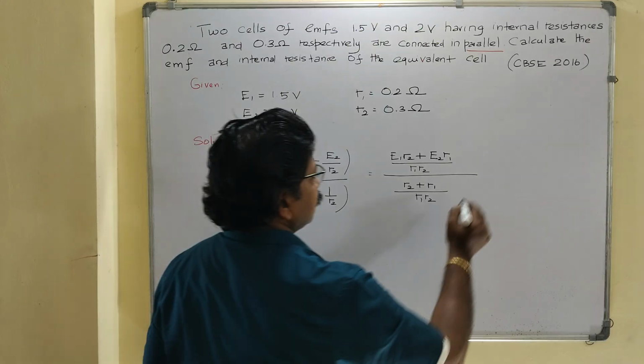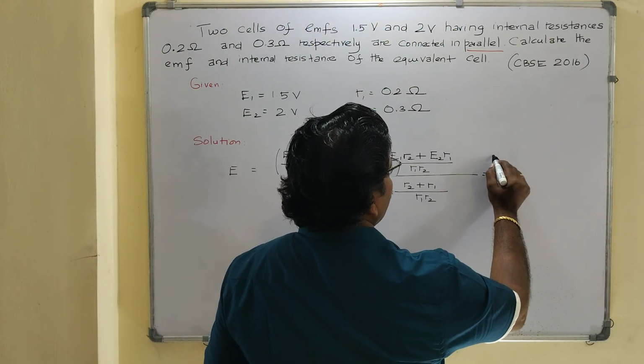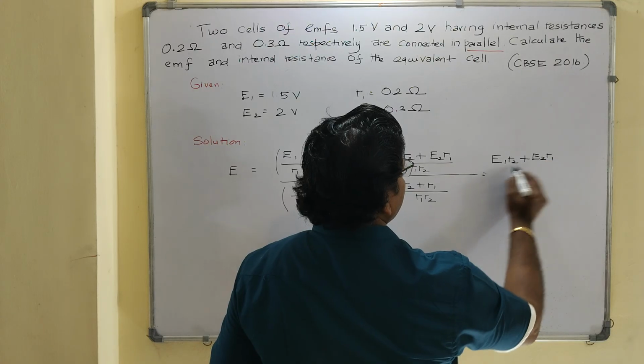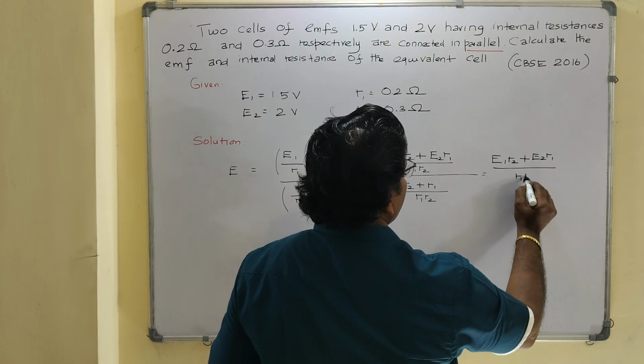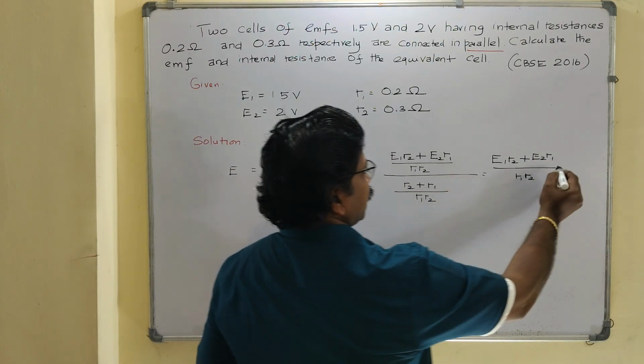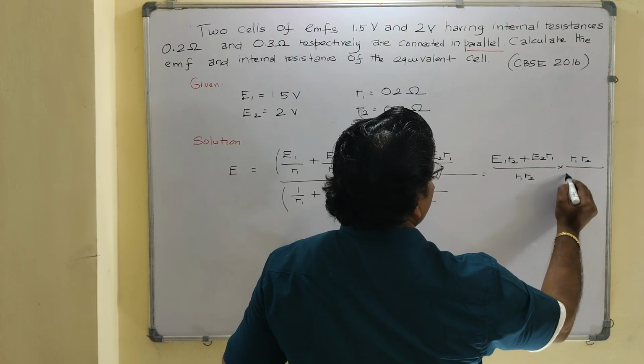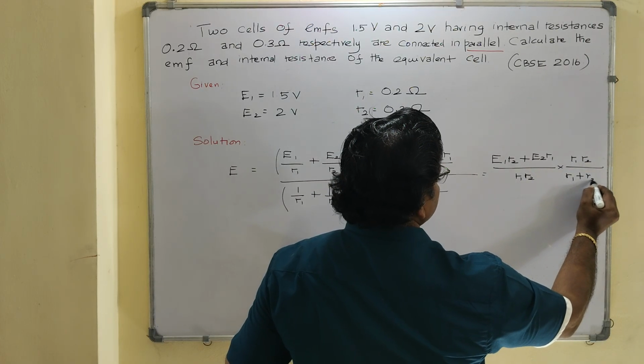Now E1 R2 plus E2 R1 divided by R1 R2, multiplied by R1 R2 divided by R1 plus R2.